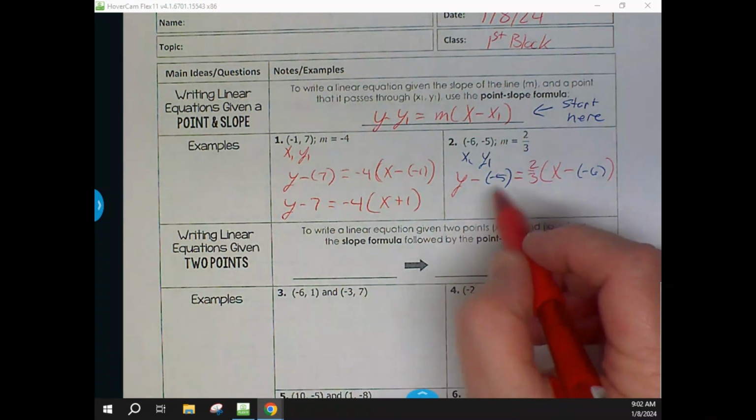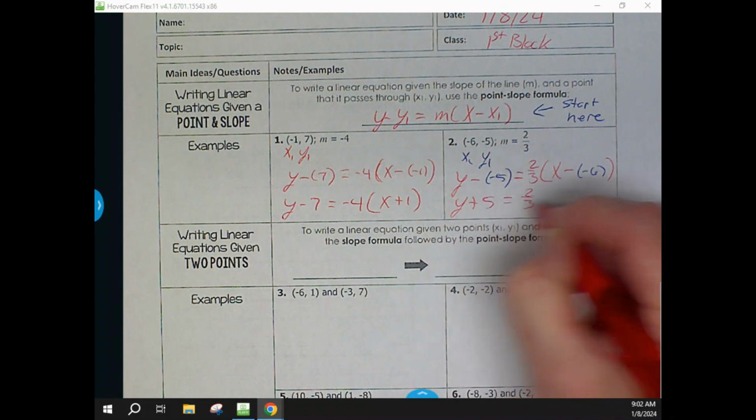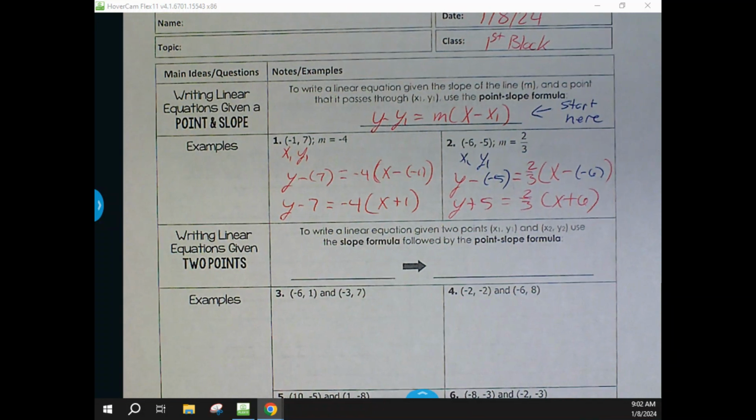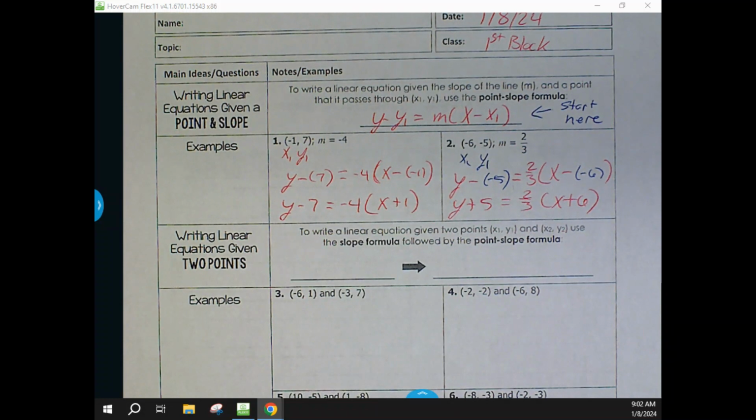Okay, and again, where you have the minus negative, just need to make that into a plus. Leave the 2/3 like it is. Okay, and again, as long as they ask you to leave it in point slope formula, that's all you have to do in that case. You're pretty much just plugging in the numbers and doing a little bit of simplifying, not very much at all there.